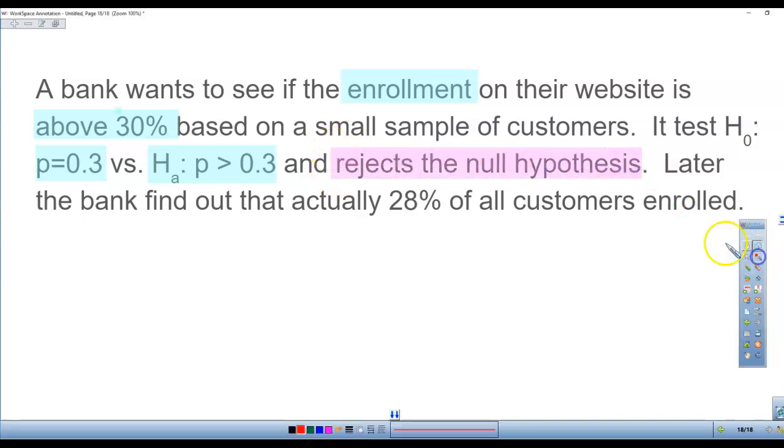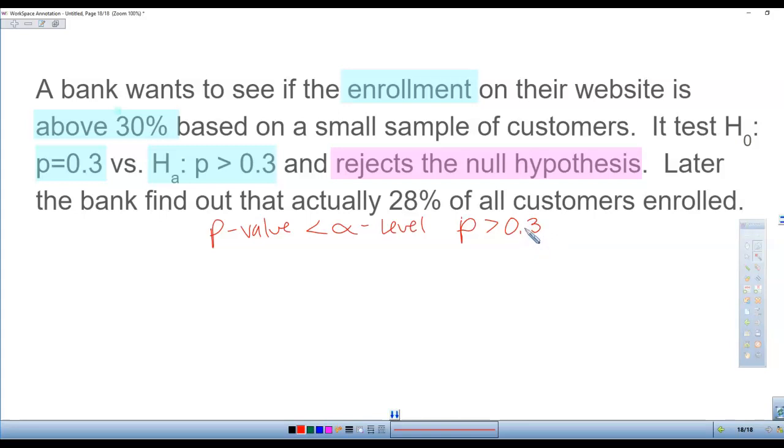So if they rejected the null hypothesis, that means their p-value was less than the alpha level, and they ended up accepting the alternative. So they accepted the fact that, yes, in fact, their enrollment was above 30%.